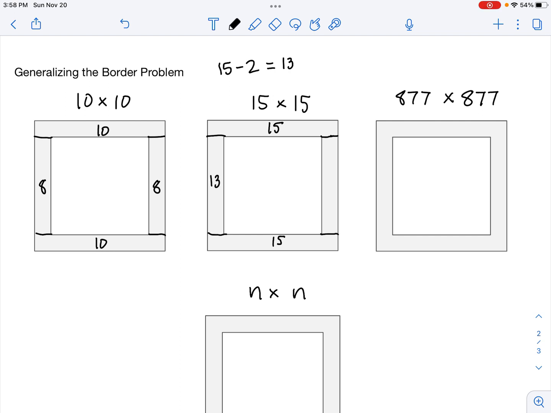So I'd have 13 here, 13 here. I can apply that same pattern to an 877 by 877 grid. That means there are 877 squares on each side. Well, I'd have the full 877 on the top and bottom, like always. But then on the sides I would have 877 minus the 2 corners that we already counted, 875. So 875 here, 875 here.